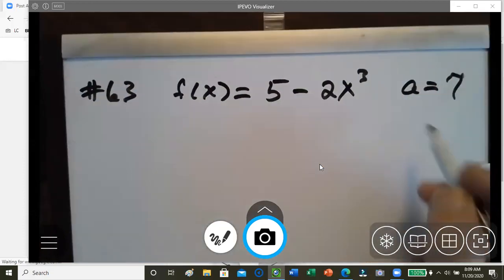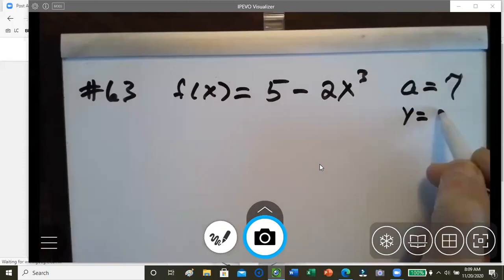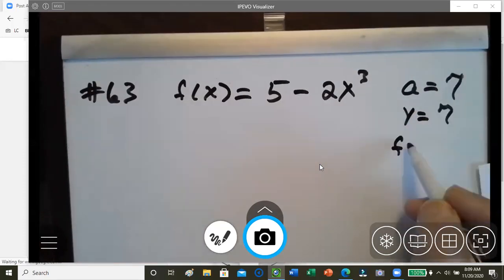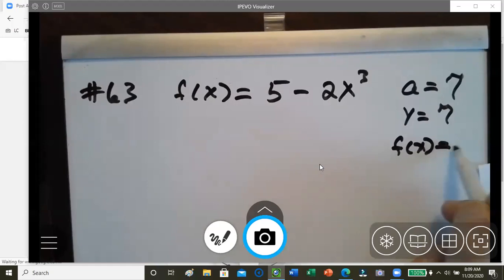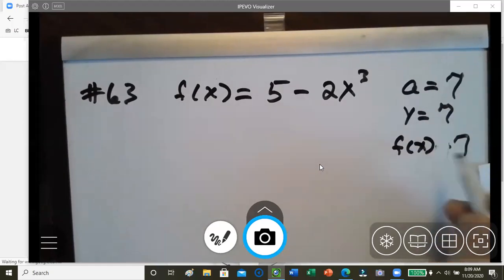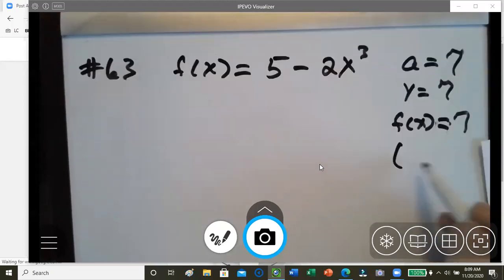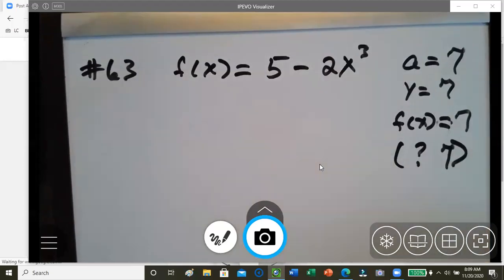So this is actually y equals 7, or f of x equals 7. So basically, we're given the y and we have to find x here.